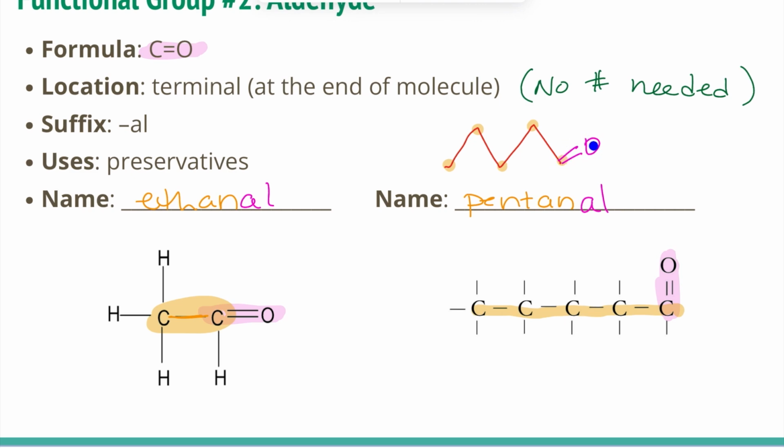The only thing we're ever writing is something that is a non-carbon or a non-hydrogen attached to one of those carbons. If I wanted to go ahead and write out my condensed formula, I could write CH3, that's for that first carbon, CH2, CH2, CH2, and I would have CHO.